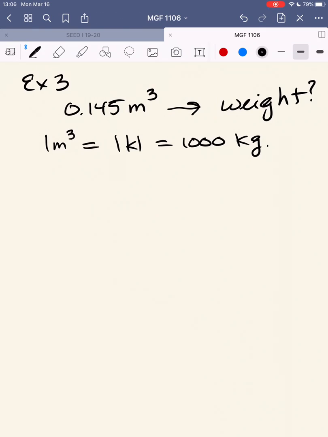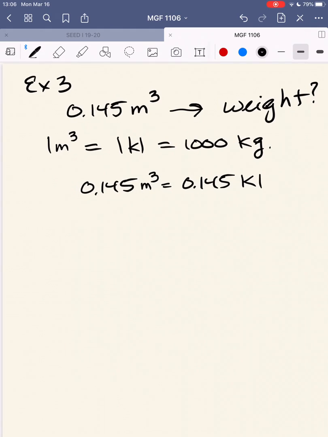So we have 0.145, and that's meters cubed, which is 0.145 kiloliters. And I'm going to multiply that times 1,000, which makes it bigger by 3 decimal places, so I have 145 kilograms. Done and done.